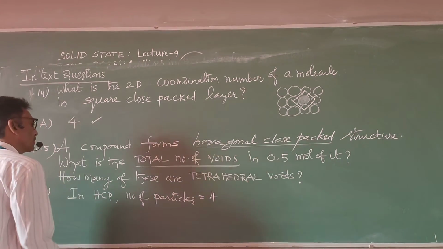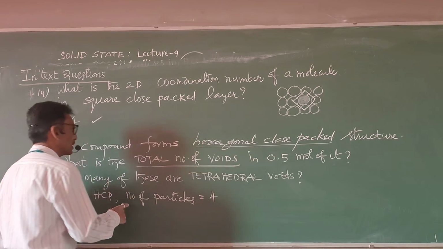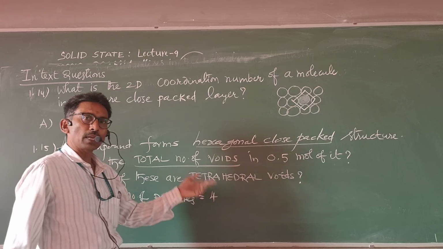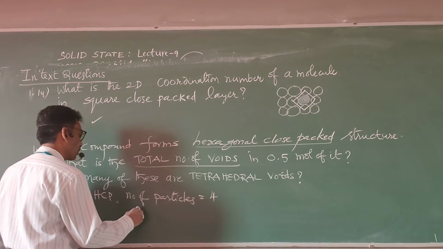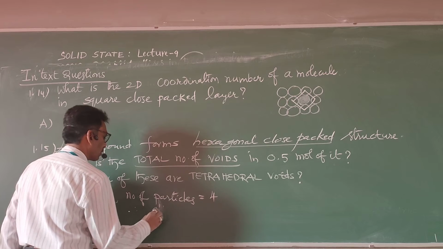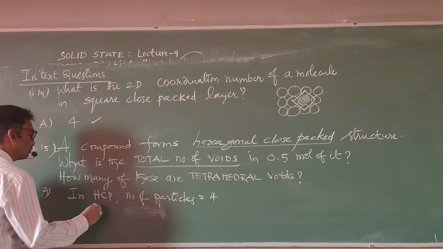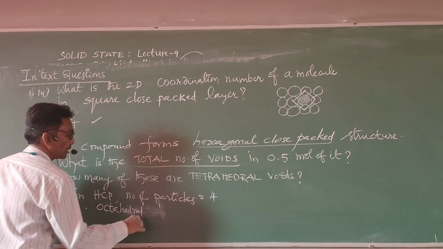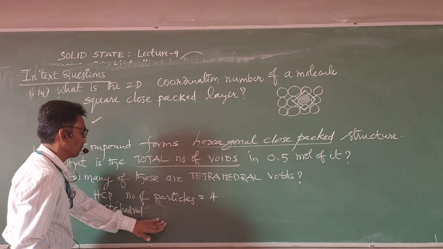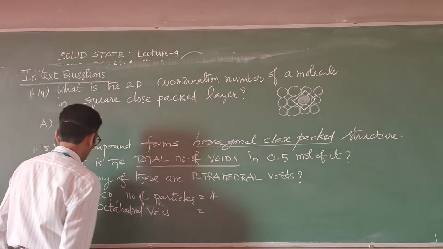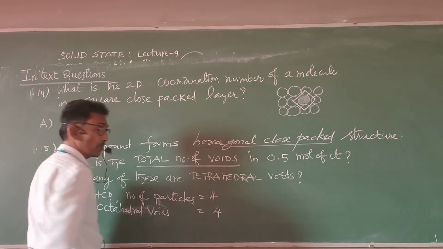Next one is, if a system has n number of particles, it has the same number of octahedral voids. Therefore, octahedral voids are the same number, 4, based on the previous rule.